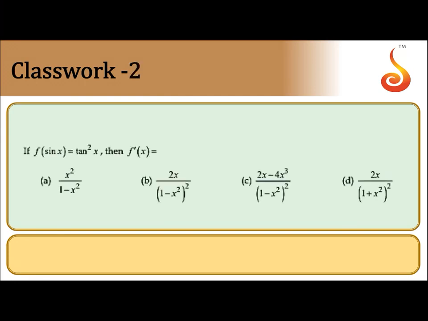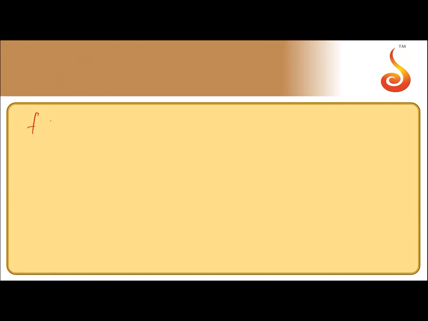Yes. Coming to the next one. F of sine x is equals to tan square x. Then what is f dash of x? Tan square x can be written as 1 divided by cot square, and cot square can be written as cosecant square x minus 1.